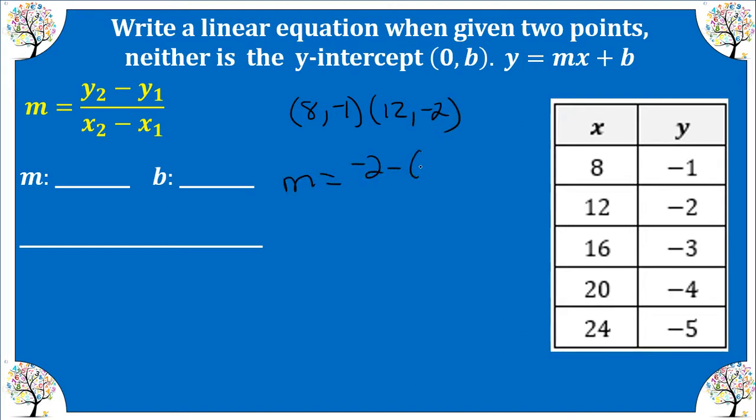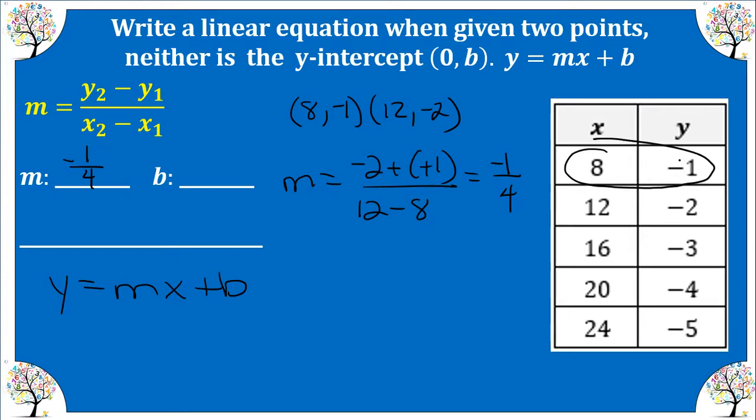-2 minus -1 over 12 minus 8. I get -1 over 4. I'm going to pick the first point to plug into my equation along with my slope. I'm just going to choose this one. So y is -1, slope is -1 over 4, x is 8 plus b.